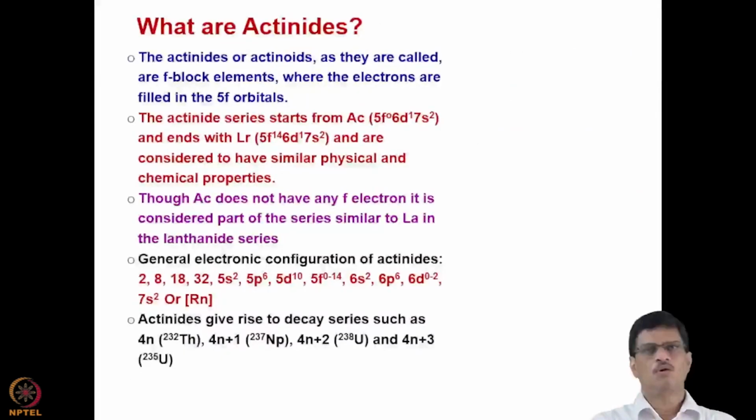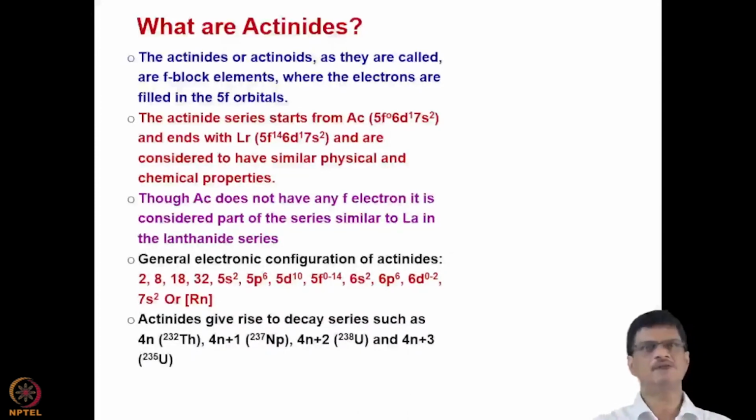Now, what are the actinides? We know them as the actinide elements, and it appears that they are similar to the lanthanides, but about 80 years back, when these man-made actinides were not discovered, at that time it was not known which is the actinide series. Now we know that these actinides, or actinoids as they are called, are f-block elements where the electrons are filled in the 5f orbitals.